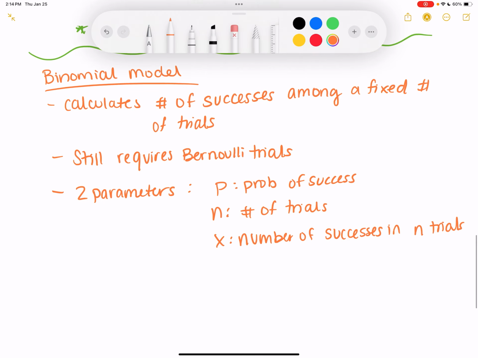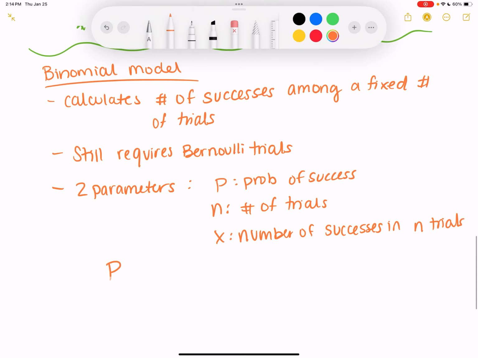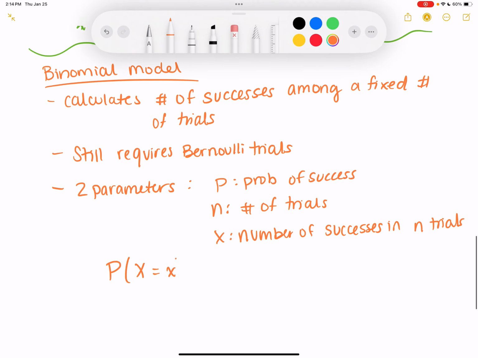So formulas here, P of X equal to little x is, all right, now I'm going to write this and you're going to be like, what the heck did she just write? I'm going to show you where it is on your calculator. Don't worry. Now, a lot of times your calculator is going to write this differently than I am, but anyways, little n, like a subscript before the letter C, and then a little subscript x.